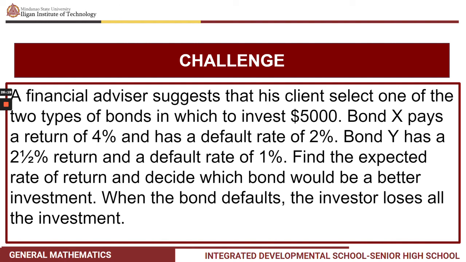Bond Y naman has a return of 2.5% and a default rate of 1%. Find the expected rate of return and decide which bond would be a better investment. When the bond defaults, the investor loses all the investment. So you may pause the video here while you solve.